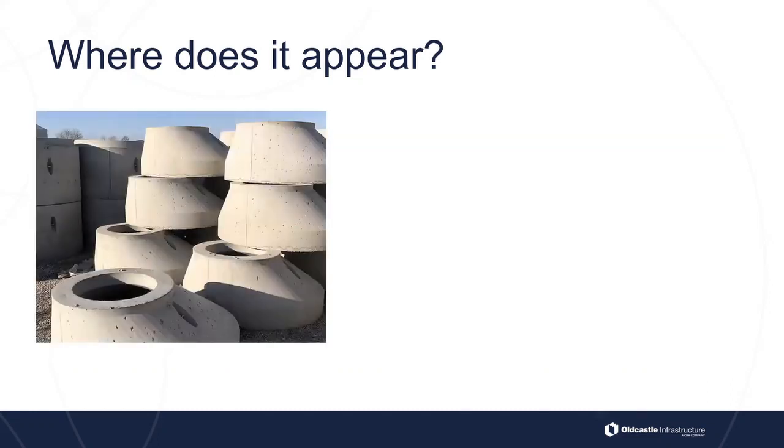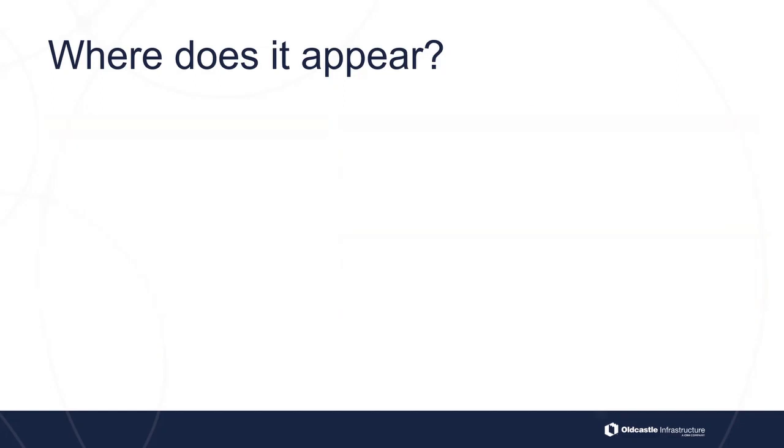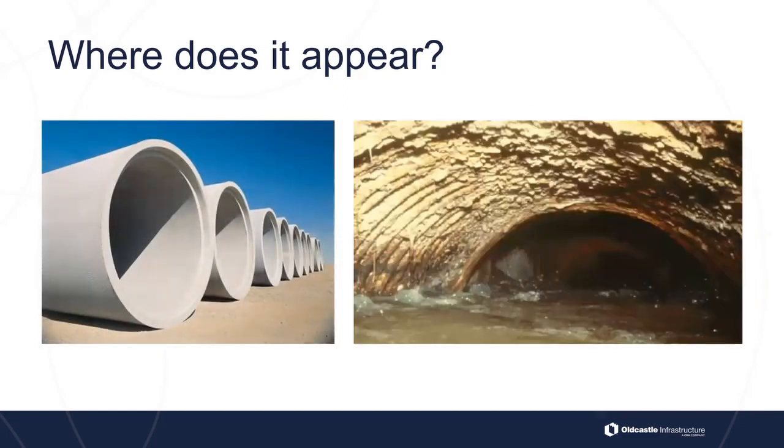It also appears in manholes. We see it quite often in there, and it happens quite a bit in manholes because we don't always use concrete pipe for sewer lines. Sometimes it's plastic pipe that is resistant to MIC, and so we can still see it in the concrete manholes, though. And then lastly, we'll also see it in RCP, reinforced concrete pipe.